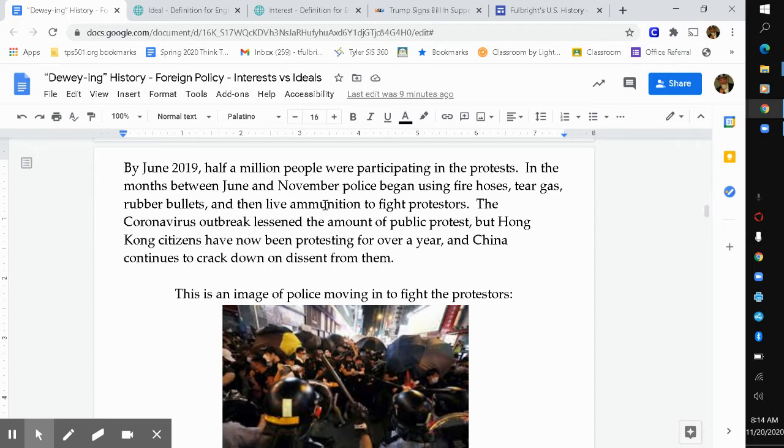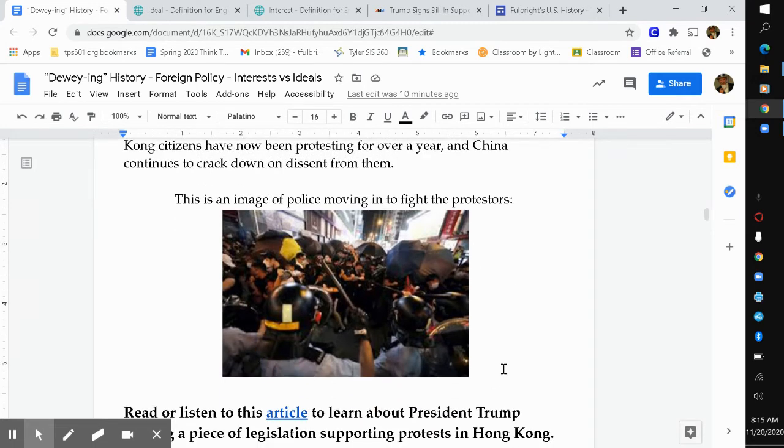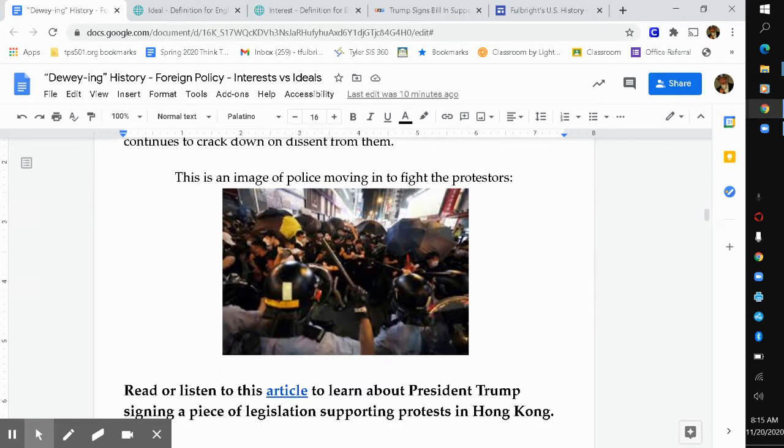But now for over a year, the Hong Kong citizens have been protesting what China's actions have been towards Hong Kong, and China continues to create new rules and laws through the Hong Kong government that make it harder for people to protest. Here's a picture of police moving in on protesters.